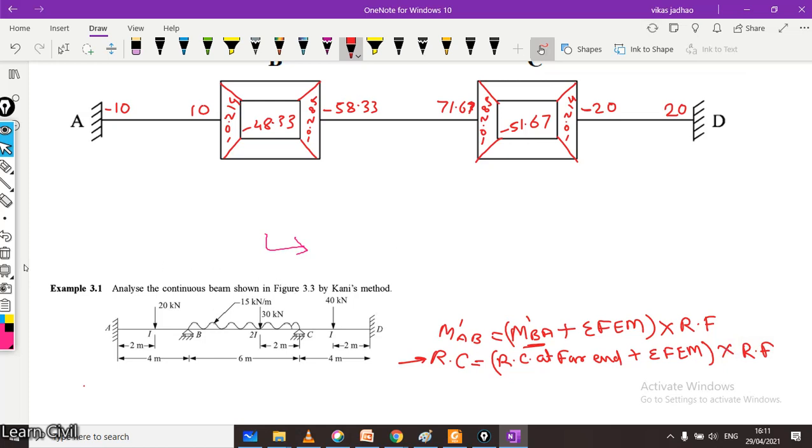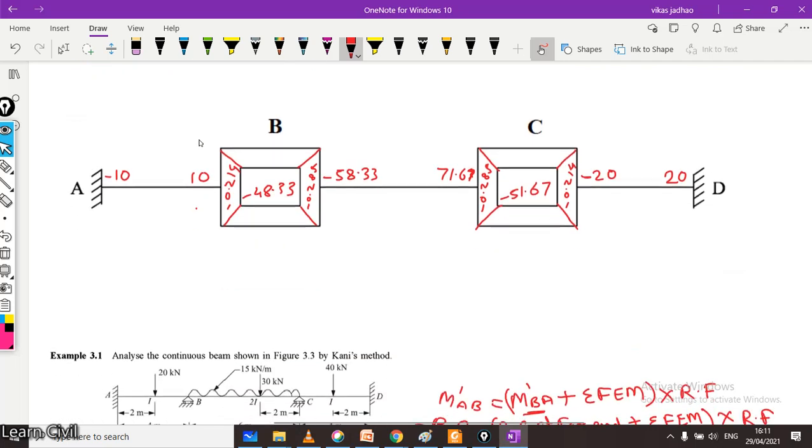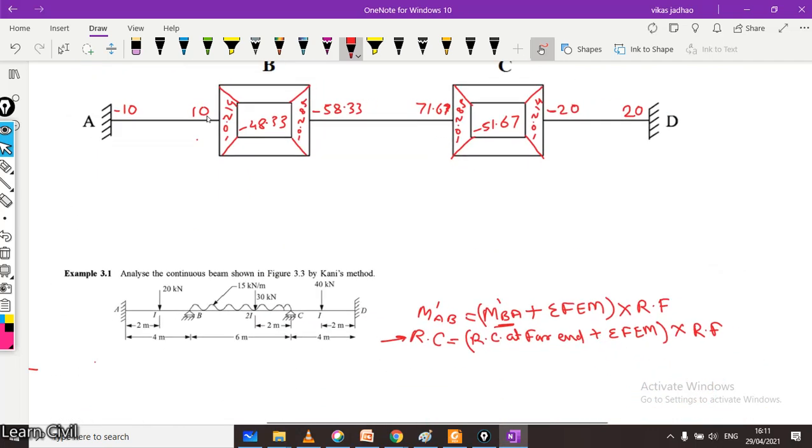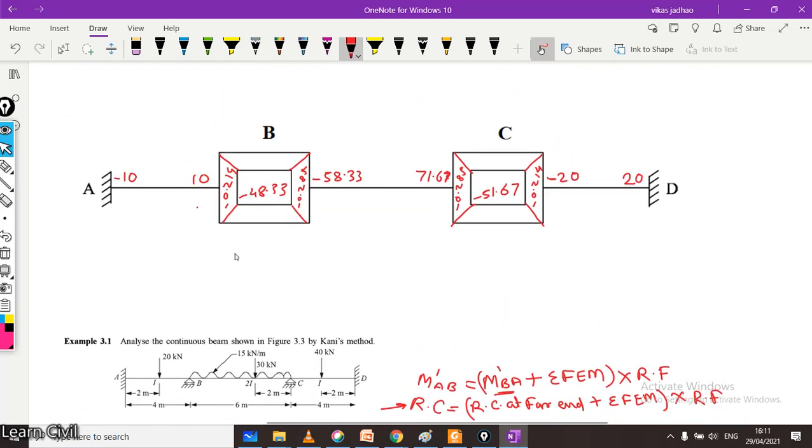Okay, so we'll see how the rotation contributions are calculated. We'll be calculating the rotation contribution for BA, BC, CB and CD.